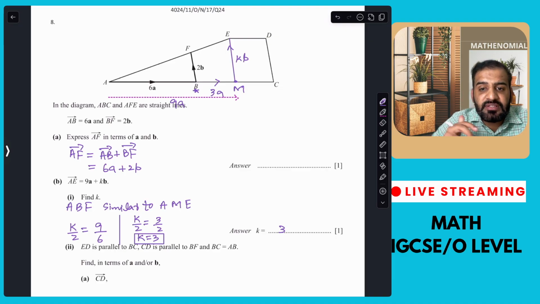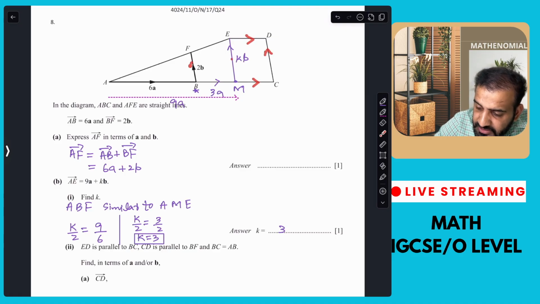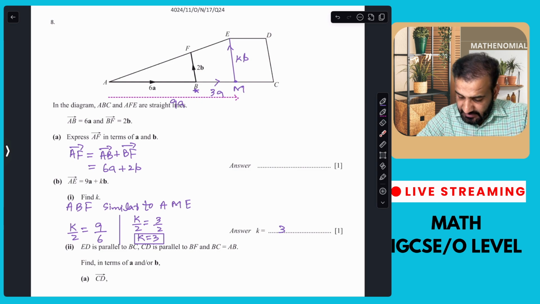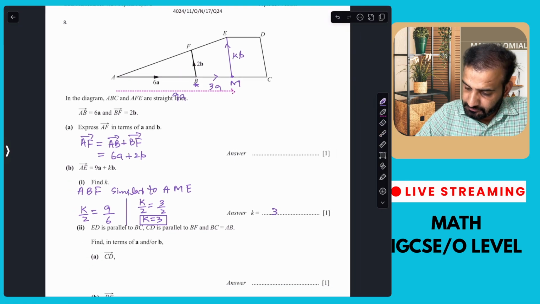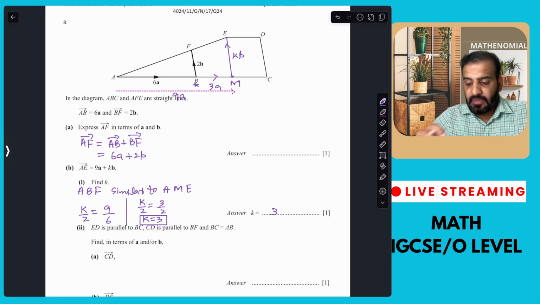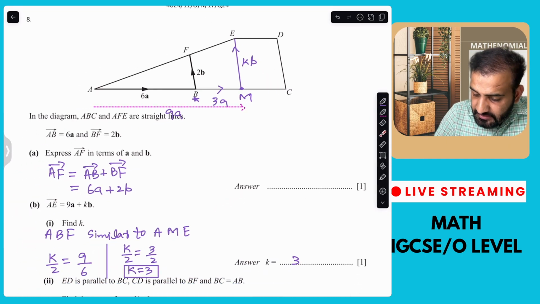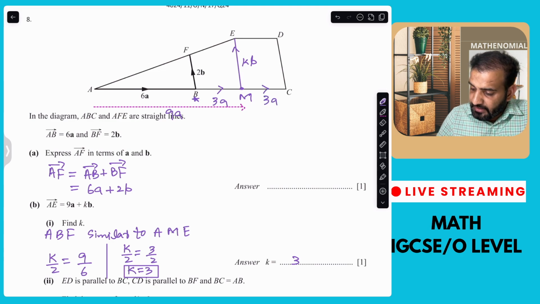Okay, see students, we have these two parallel sides, this is parallel to this one. Now the question is to calculate this CD. If this is 6a, this also will be 6a, so this whole thing is 6a, so this is also 3a.